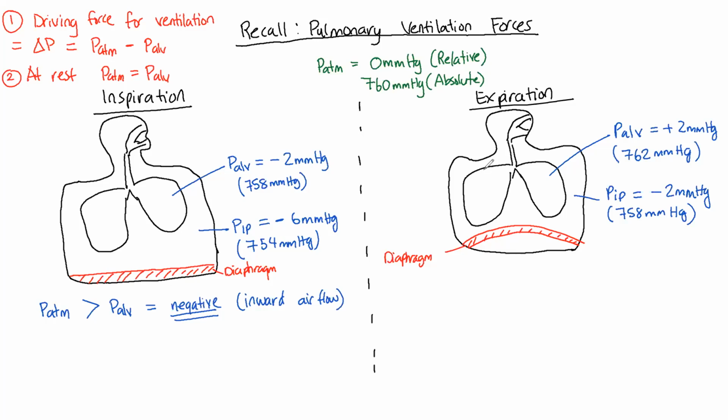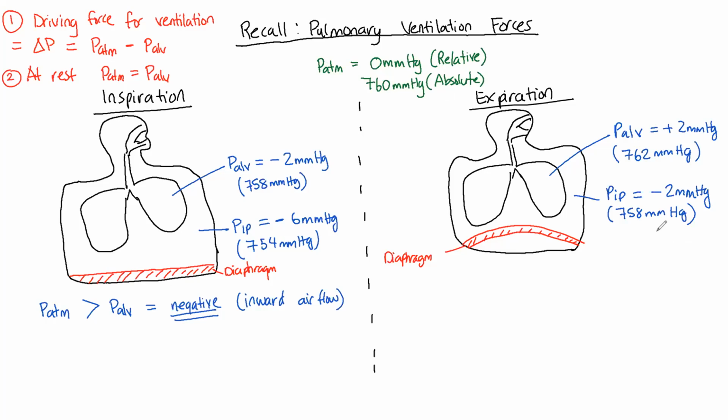Okay, and that's why it's so important to zero out the atmospheric pressure, because things can get so complicated if we're thinking about whether we're at sea level, below sea level, how high, how low, in terms of referencing that sea level pressure.